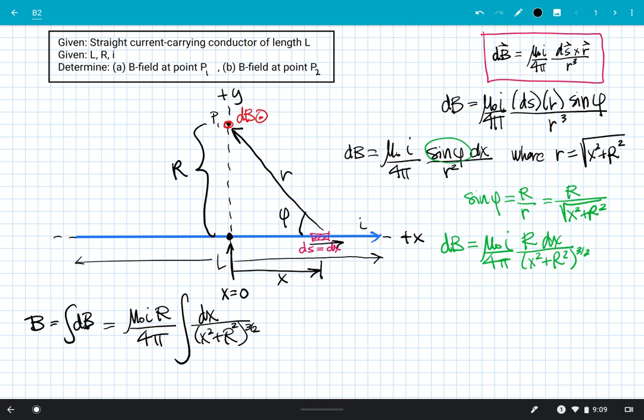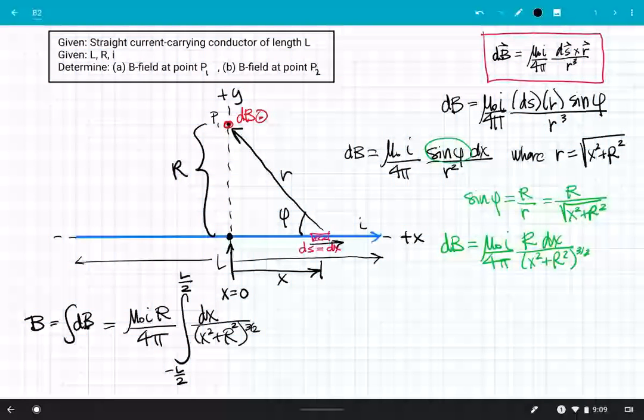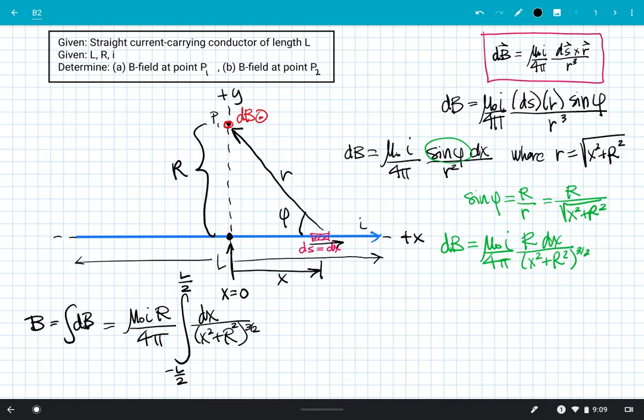And then I'm going to go from, notice where I put my x equals 0, so I need to consider that here, negative L over 2 to positive L over 2. You may also go from 0 to L over 2 and then double that. That's also an approach that's fine for this problem.